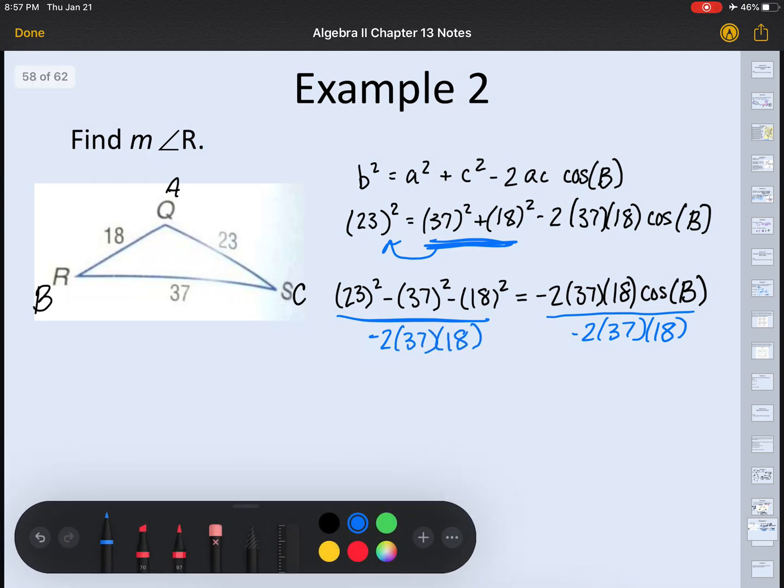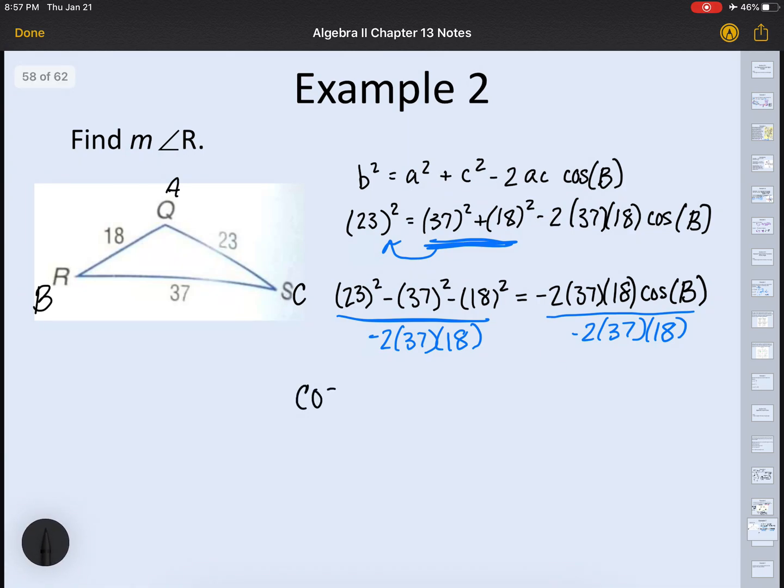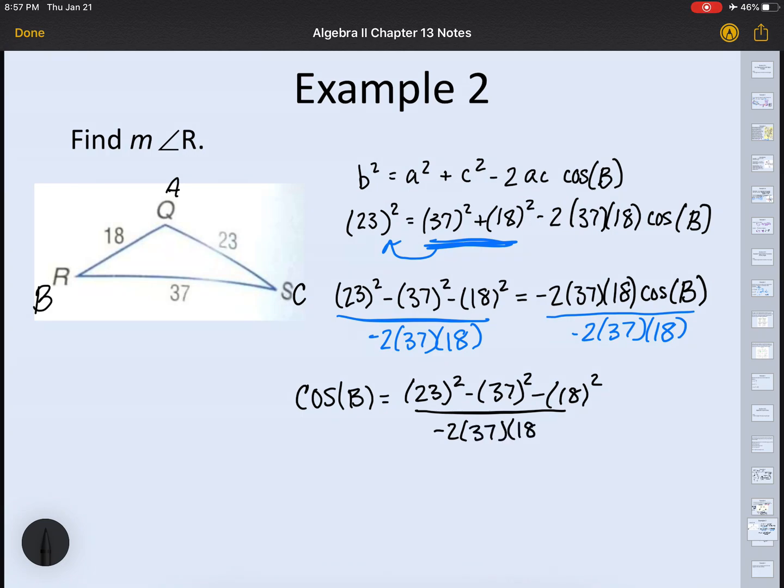So now I'm left with cosine of b, aka r, is equal to 23 squared minus 37 squared minus 18 squared, all over negative 2 times 37 times 18.